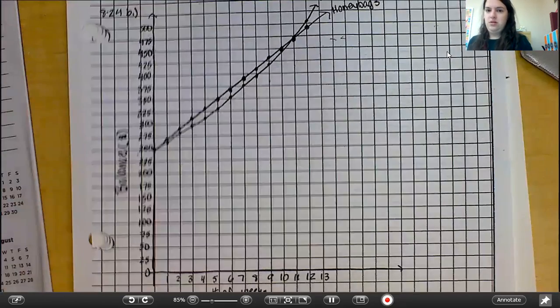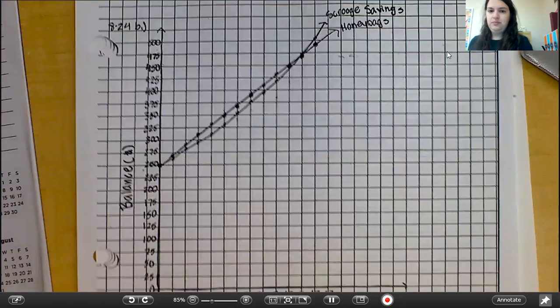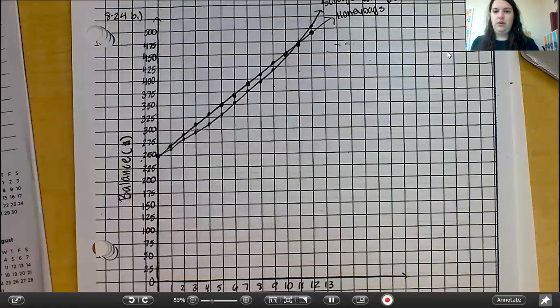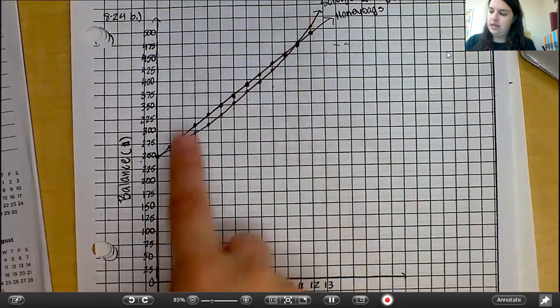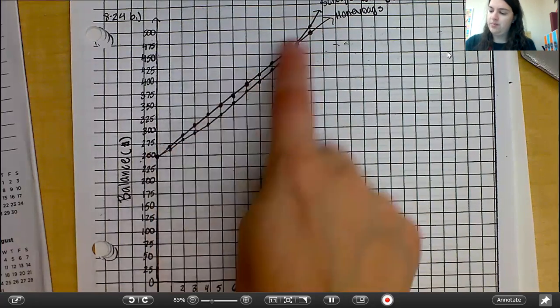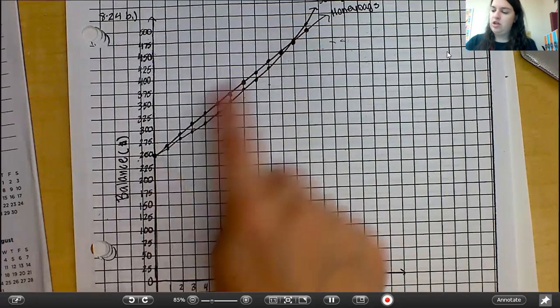So here is the graph. Notice Scrooge has a curve, and Moneybags is going up the same each time.